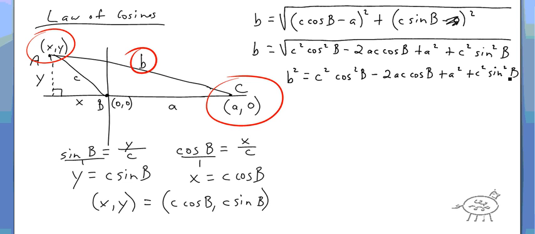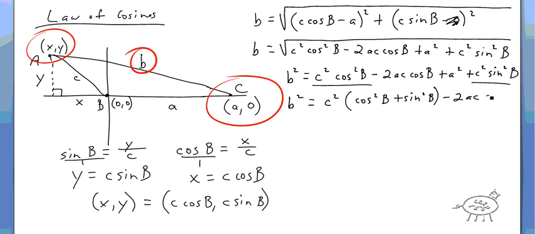Alright, if you notice, I have these two terms here, a c squared with both the sine and the cosine, so I'm going to factor out a c squared. So I get b squared equals c squared times cosine squared of b plus sine squared of b, minus 2ac cosine of b.